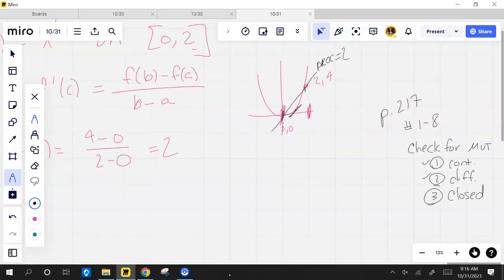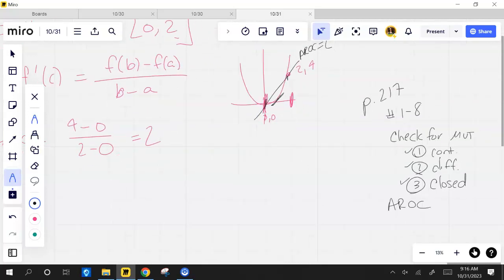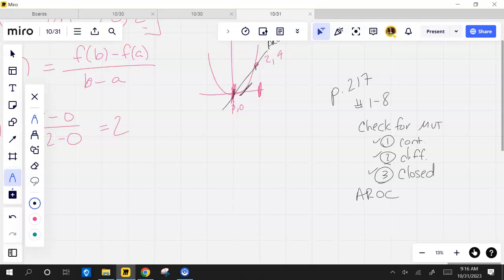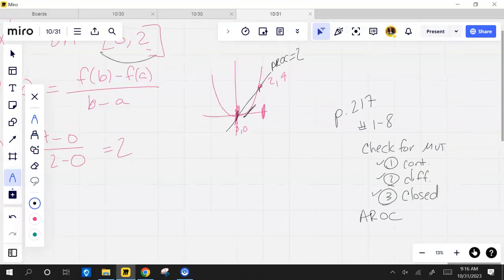If all those are true, then you're right, I just do AROC. But I got to check for all those things. So if my interval is from 0 to 2, f of x is x squared. Then you say, no, I can't use MVT, and you move on.